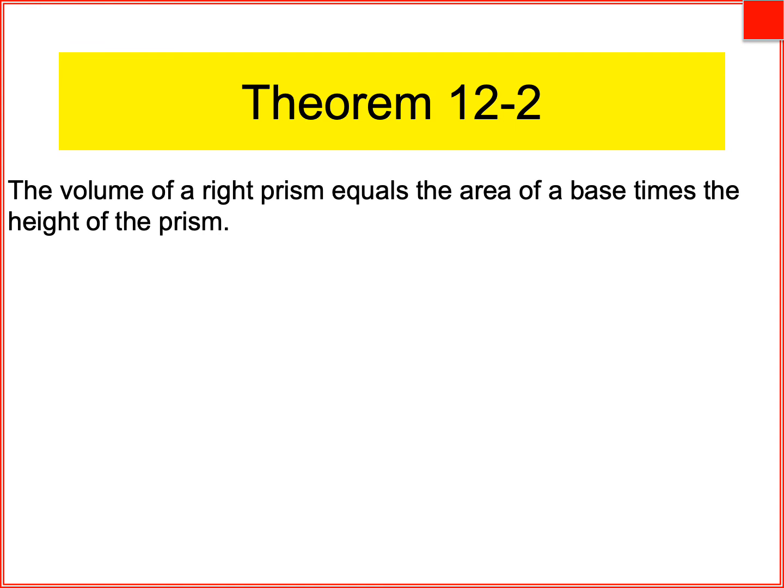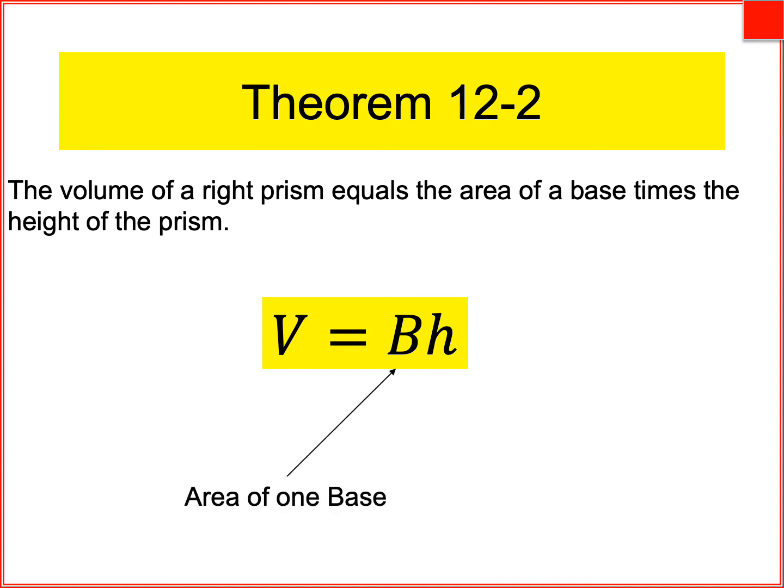Same thing if you had triangular Post-it notes. I've never seen them, but that would work as well. But you do need one base area and then multiply it by the height. So we're not going to prove that one because that one's obvious. But there is your formula. V for volume is equal to one base area times the altitude, or the height of the prism itself. Okay?